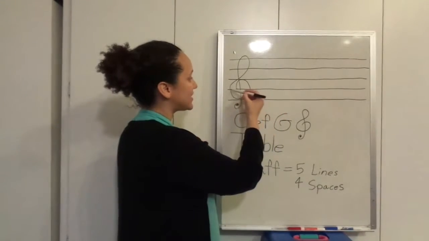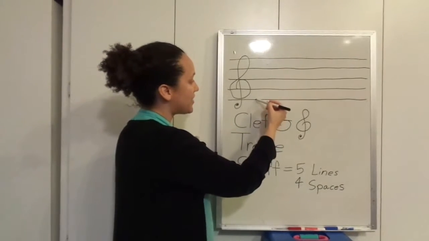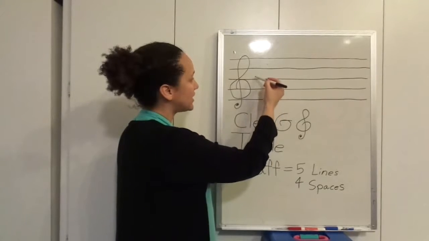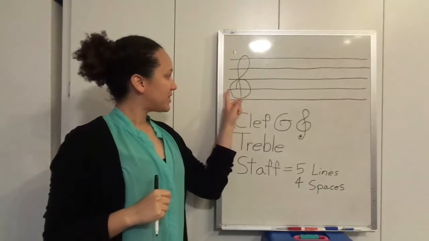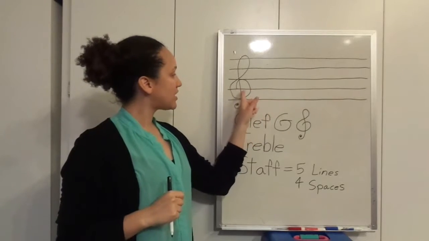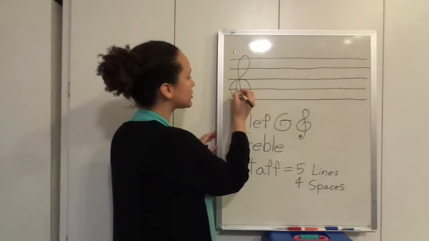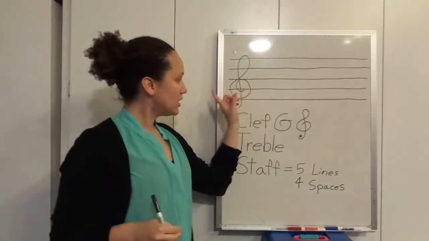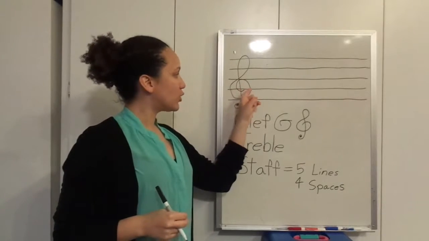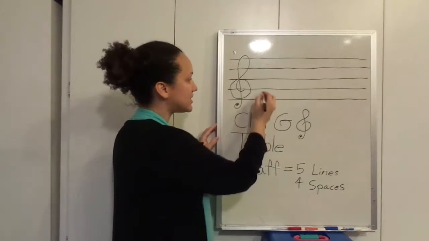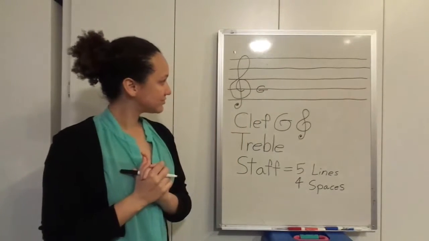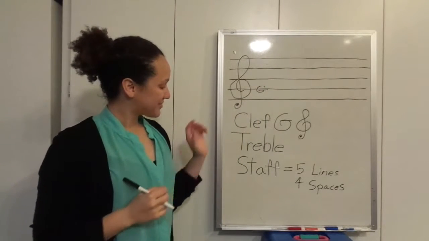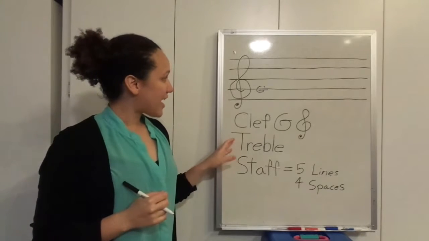So you see it has this line going through it, and then this line and that line kind of even it out. This line right across here, because it's in between this swirl, we know that this line is our G. Treble clef.